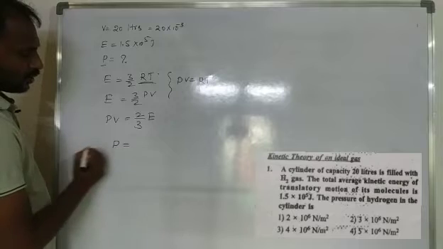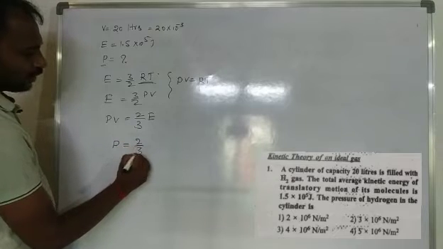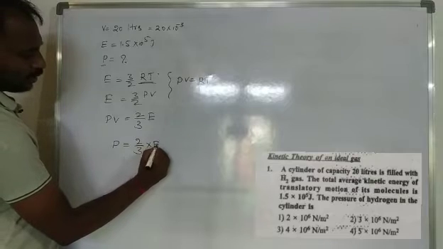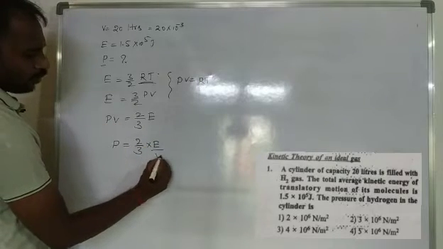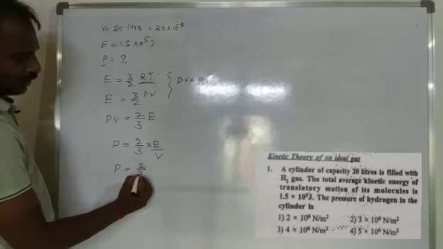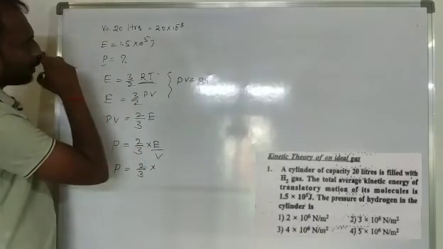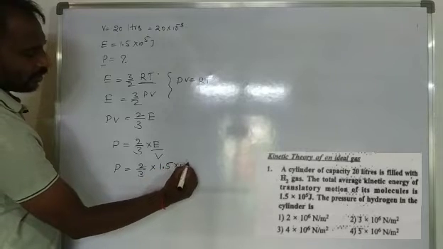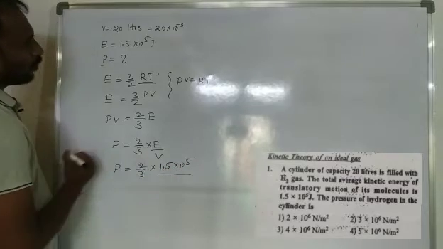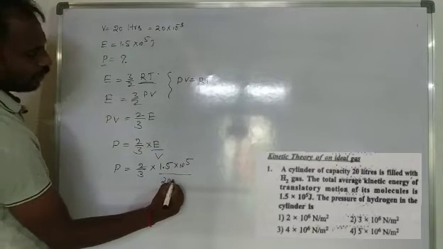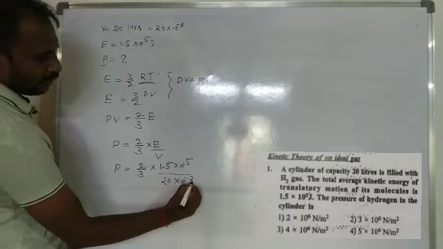So pressure P is equal to 2/3 into energy divided by volume. Pressure P is equal to 2/3 into 1.5 into 10 power 5 joules, divided by the volume, 20 into 10 power minus 3.